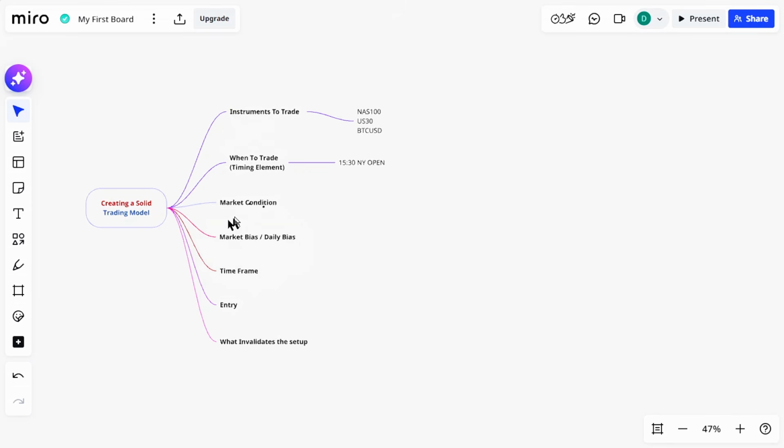On the third one, I've got the market condition. This one is so important because you've got to be aware of your surroundings. Setups can fail. Some setups do fail, sometimes not on their own, but because you applied them in the wrong market condition.